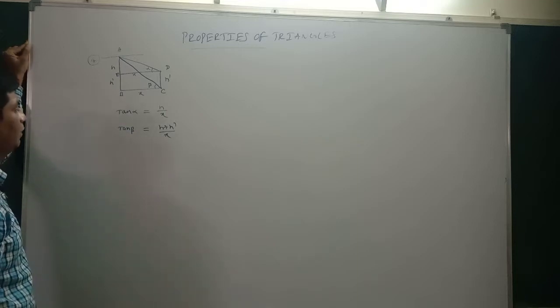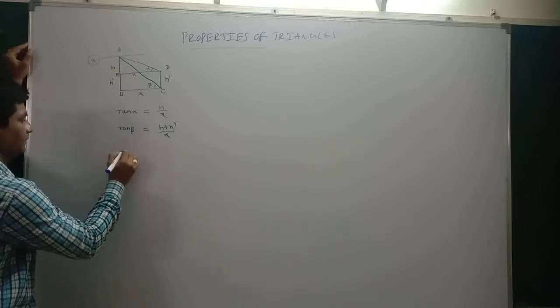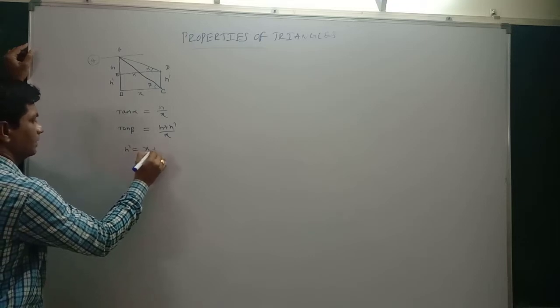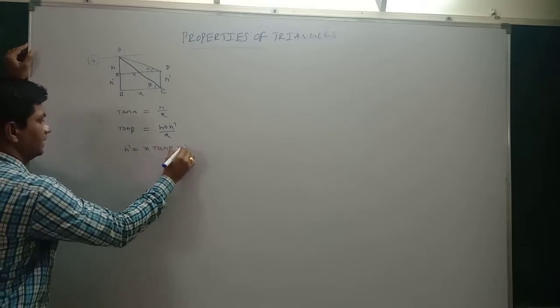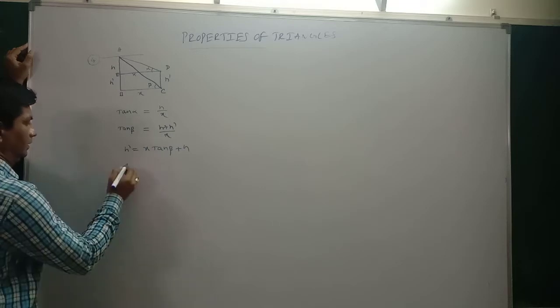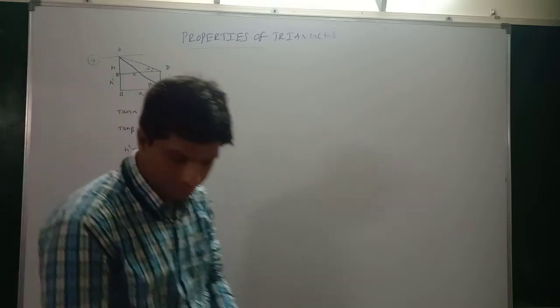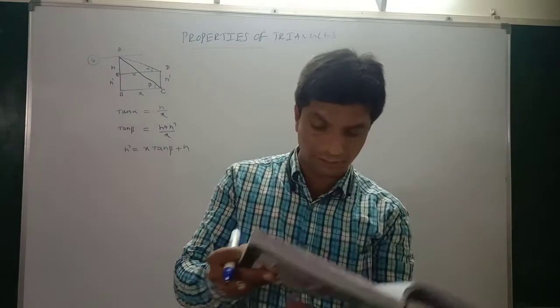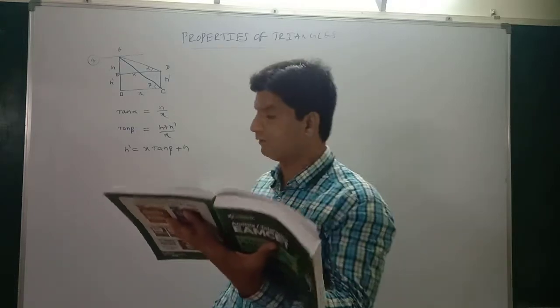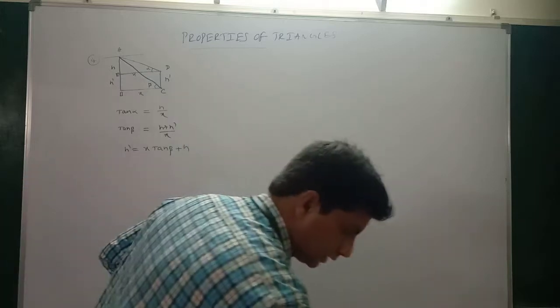Now we have to find the value of what? h dash. Last, h dash equal to what? x tan beta minus h. Options are given in terms of h, tan alpha, tan beta. That means we have to eliminate the value of x here. Right.